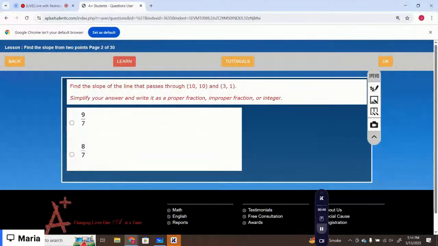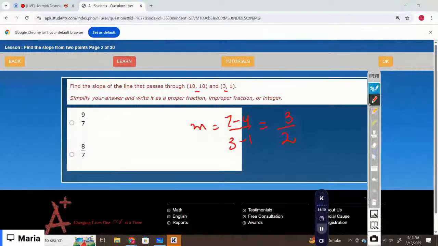Find the slope of the line that passes through 10, 10 and 3, 1. So the slope is m equals y2 minus y1, that is 1 minus 10 divided by 3 minus 10. So that is negative 9 over negative 7.